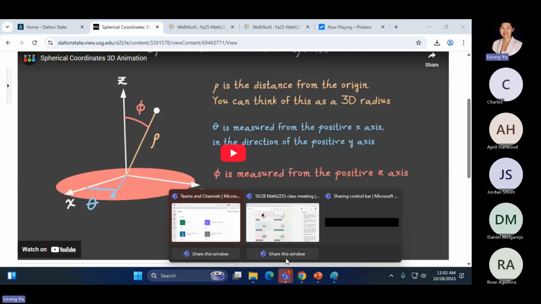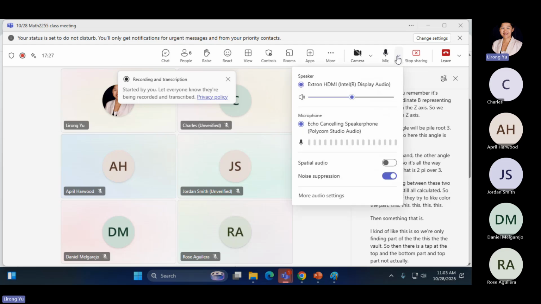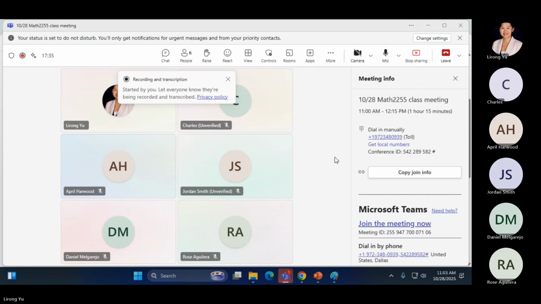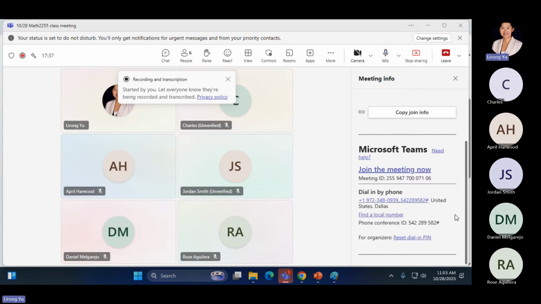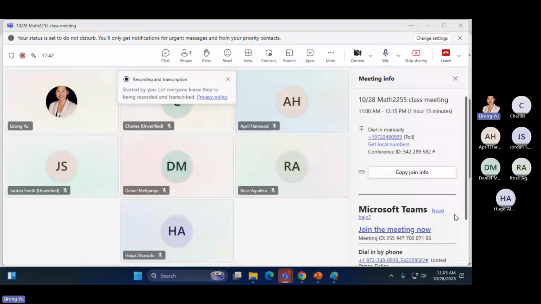But let me make sure, if you attend online, sometimes only the voice outside the computer will be recorded.